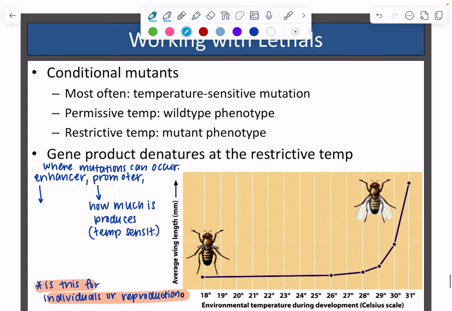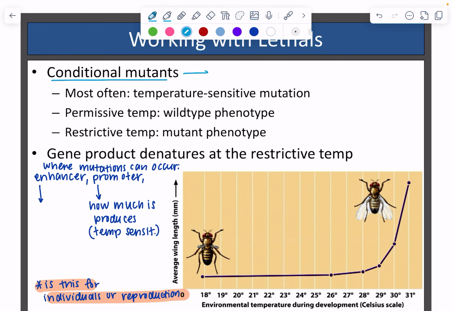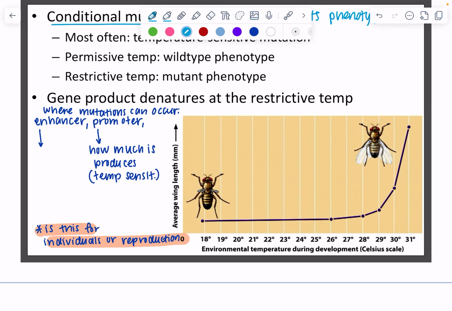Conditional mutants. Okay, so that's called conditional mutants, when things from outside change the environment, or the environment affects phenotype. So these organisms or individuals have the same phenotype in both conditions. So this fly has the same phenotype at 18 degrees as it does at 28 degrees.